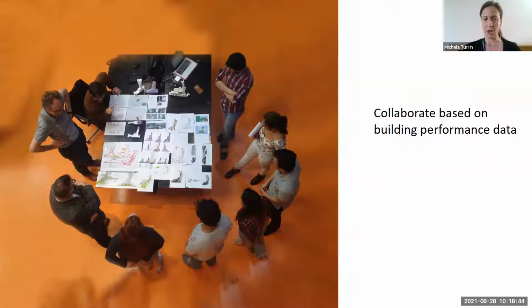The idea of being aware when making certain choices, rather than relying on intuition or tacit knowledge, but rather making that explicit and negotiable across the different disciplines. So the idea of collaborating based on data and information that can be extracted from that.